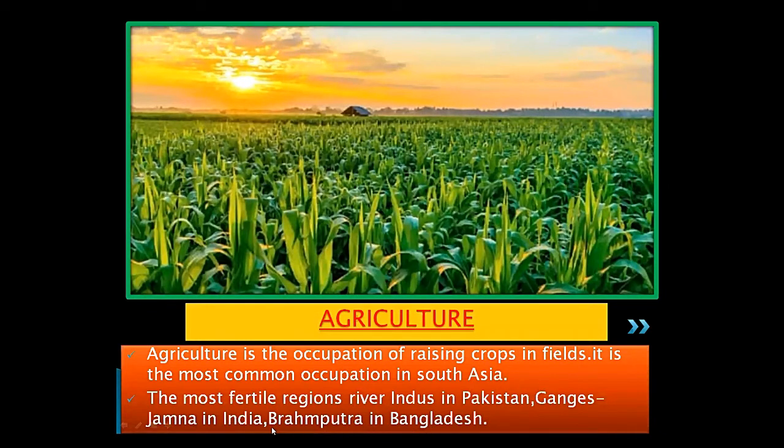Some agriculture also depends on rainwater, especially in the areas that receive heavy showers of monsoon rain every year. The most fertile regions of South Asia are the River Indus in Pakistan, the Ganges and Jamuna in India, and the Brahmaputra in Bangladesh.